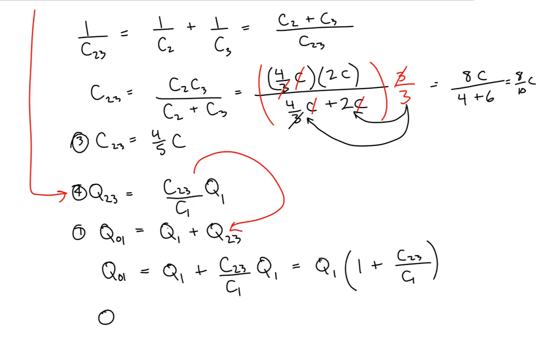And when we do that, we get an expression for the charge on capacitor 1 being equal to the initial charge on capacitor 1 over 1 plus the ratio of the capacitances of our equivalent capacitor and our capacitor 1.